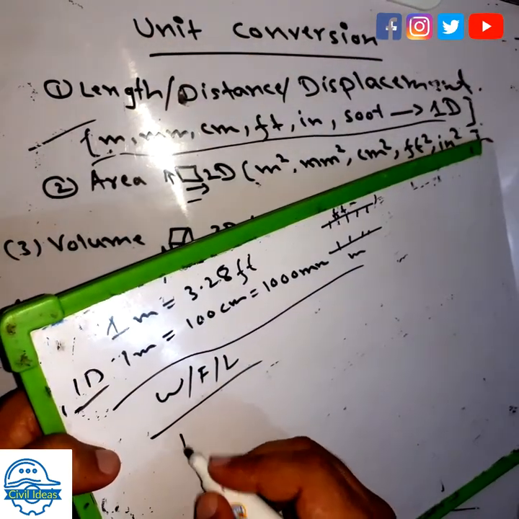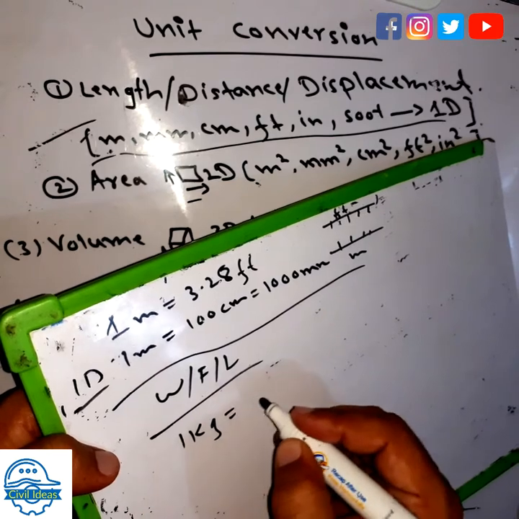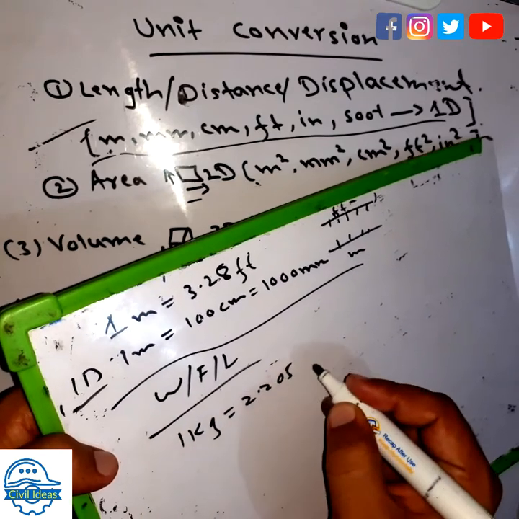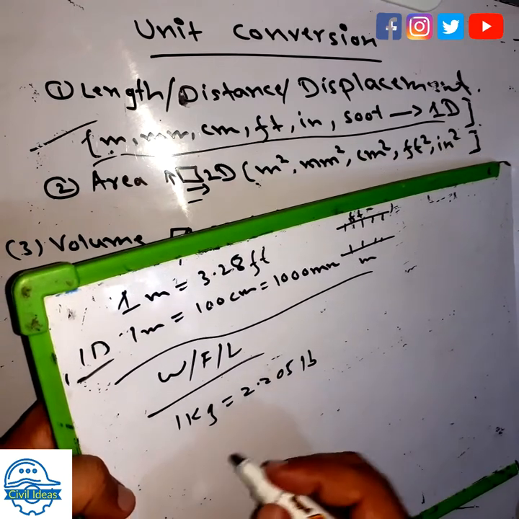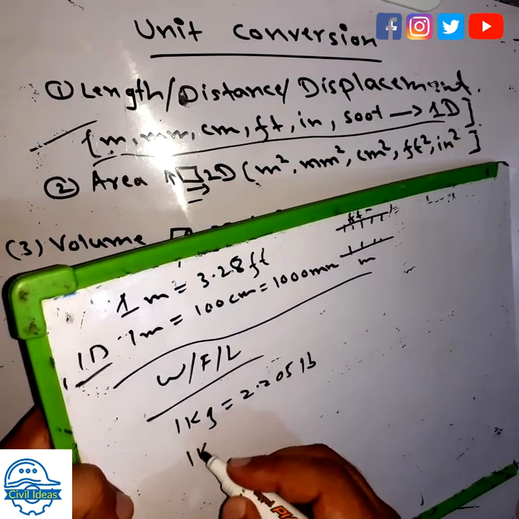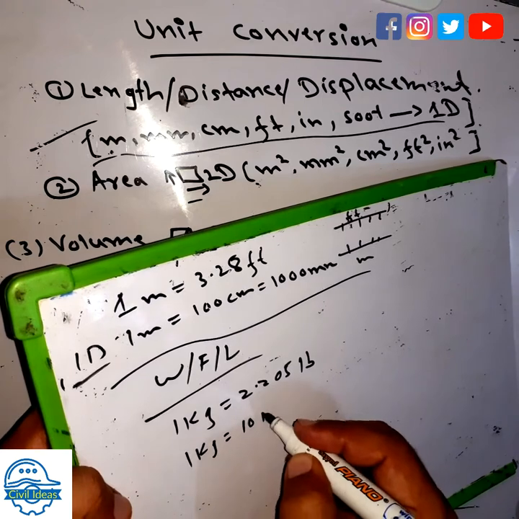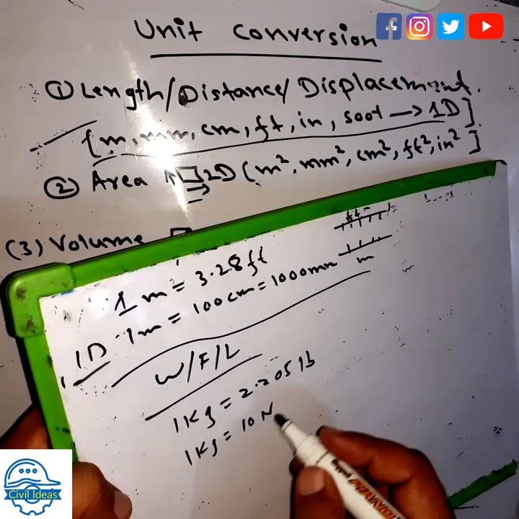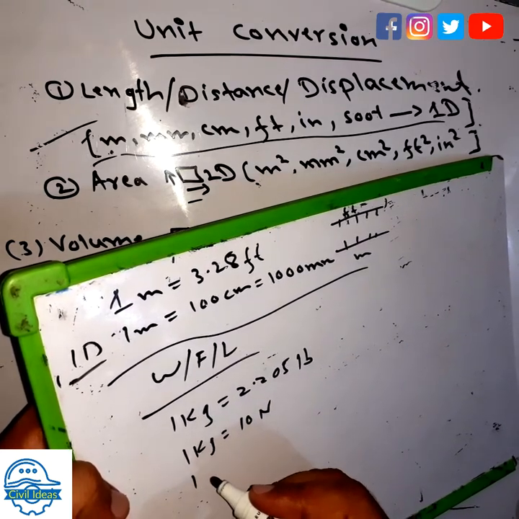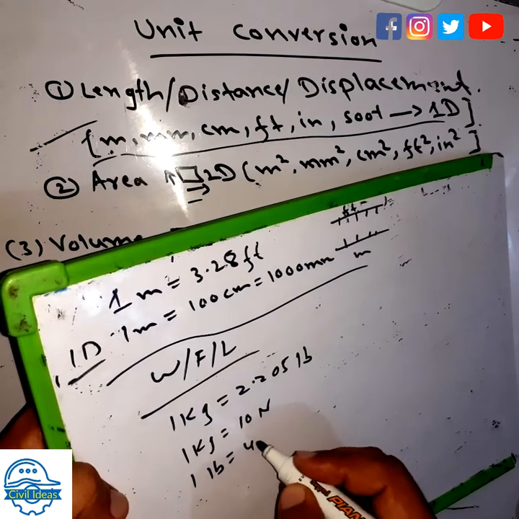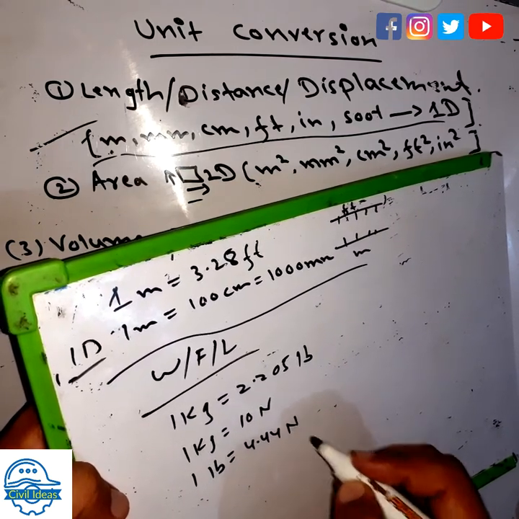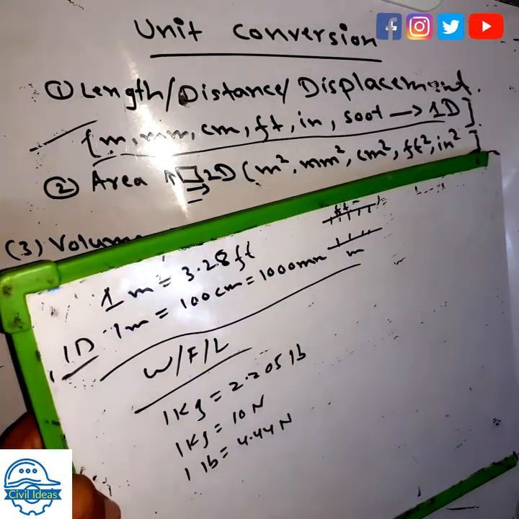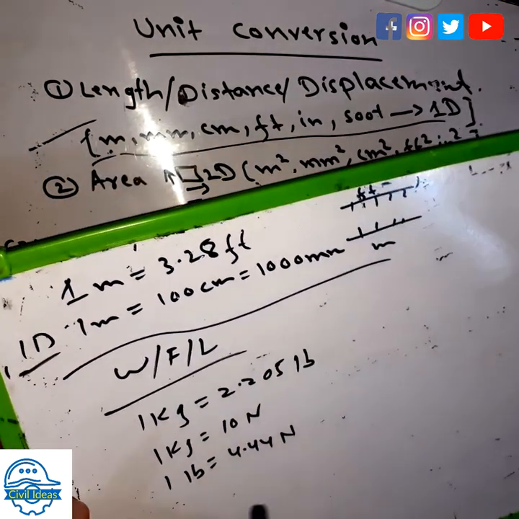So now you have to know that 1 kg is equal to 2.205 pounds, and 1 kg is equal to 10 Newton. And if you know that 1 pound is equal to 4.44 Newton, then you can convert easily if you know these basic terms.